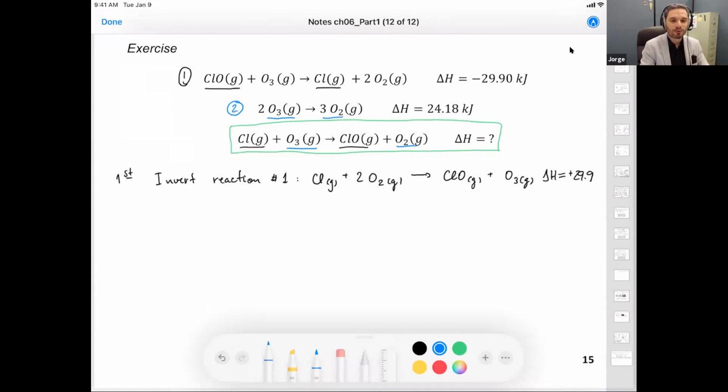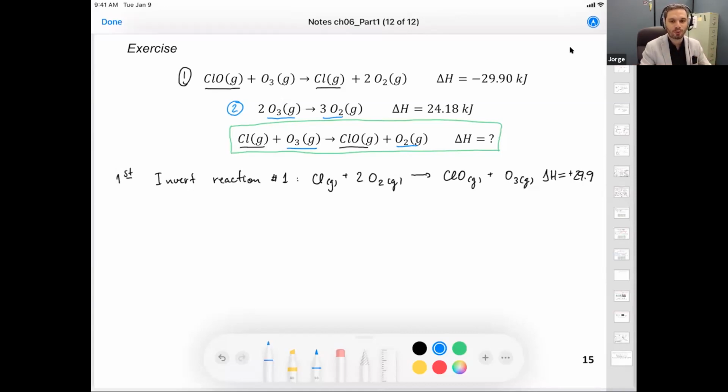The second reaction has ozone as reagent, the same thing for the problem reaction, and oxygen as a product, and the same thing for the problem reaction. Therefore, we don't do anything with the second reaction.